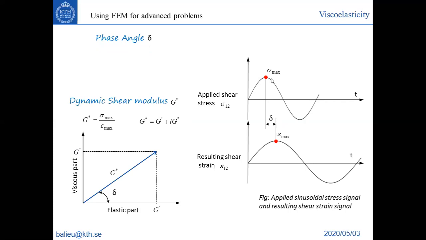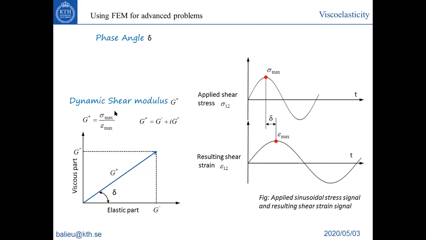If you look here, the highest point of the input sinusoidal signal is not at the same time as the maximal output strain. So there is a time delay between the maximum points. And this time delay represents an indication of the viscosity of your material.